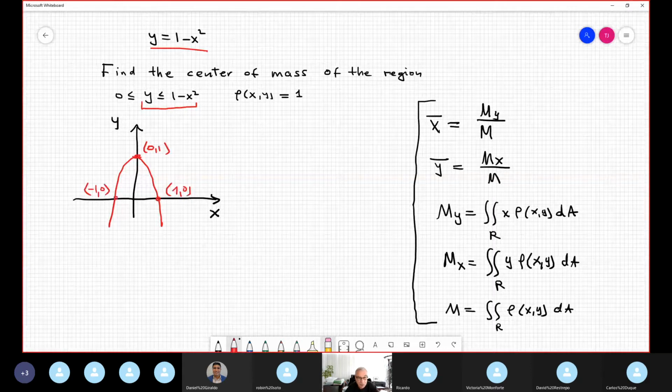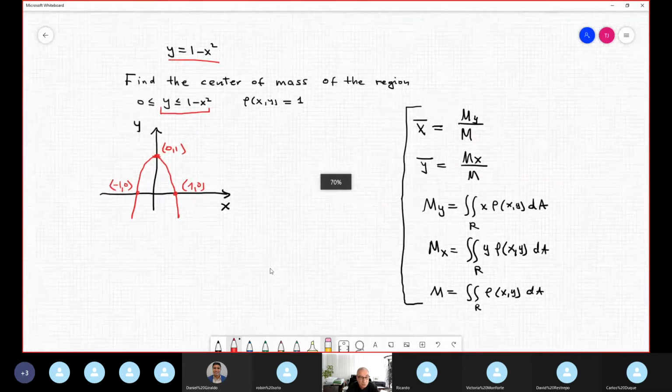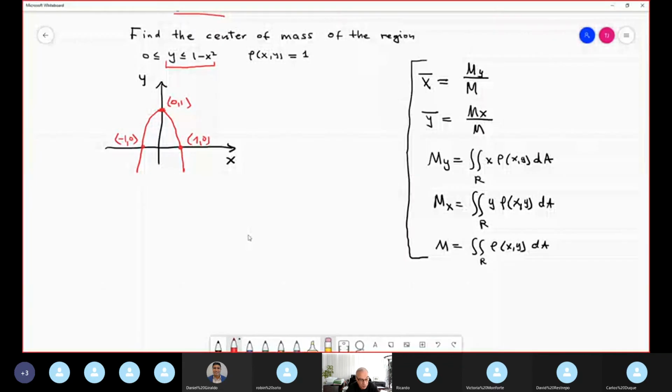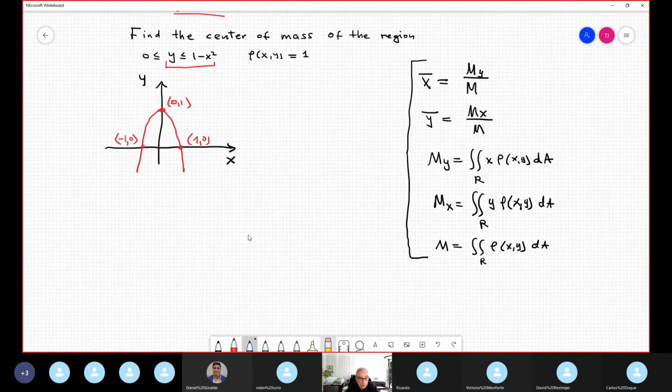Now let's compute everything: three integrals, and finally the division. I make a decision to perform the double integral, for example, in this direction first, and then extending in this direction. For m, the double integral, the integrand function is 1.